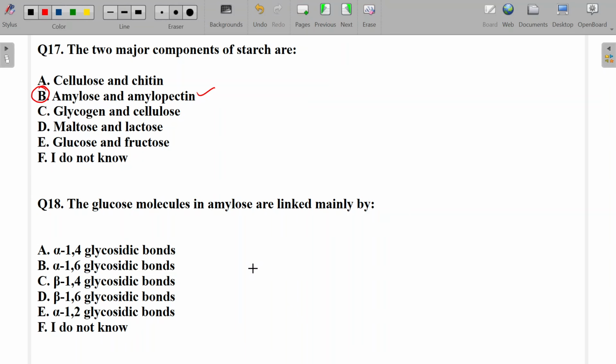Alpha 1,4 glycosidic bonds. Correct. And amylose, is it branched or a straight chain? It's a straight chain. Yes. Okay, it is a straight chain, linked by alpha 1,4 glycosidic linkage.